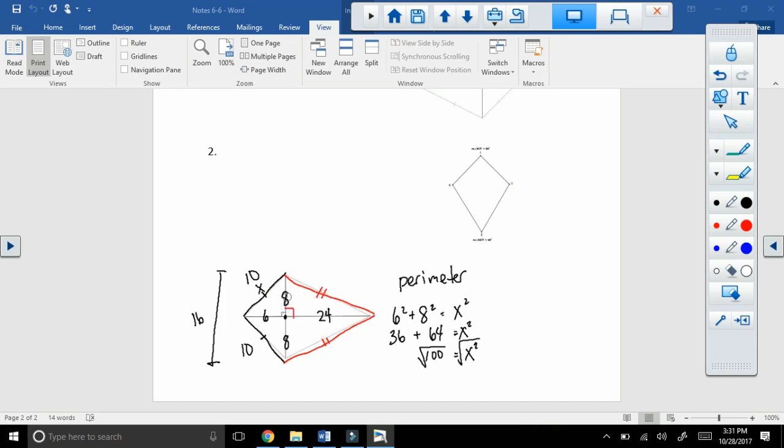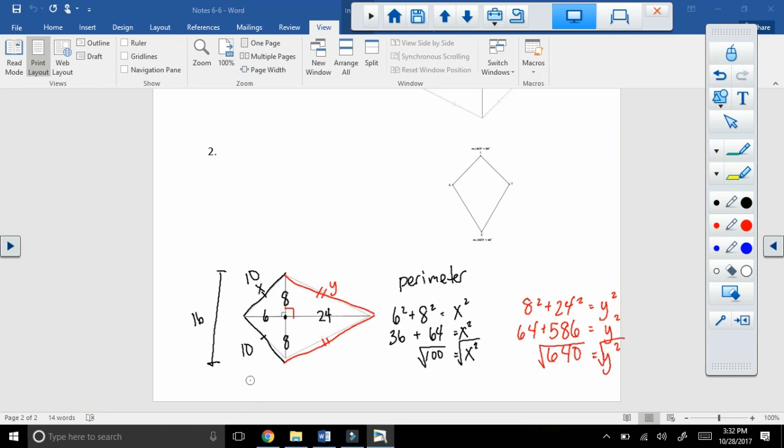So I would use the Pythagorean theorem with the 8 and the 24 now. So 8 squared plus 24 squared, let's just call this one y, just for a different variable. So we have 64 plus 576 equals y squared. When you add those 2 up, you should get 640, and you take the square root of that. You have some options here, but I would probably just change that to a decimal.